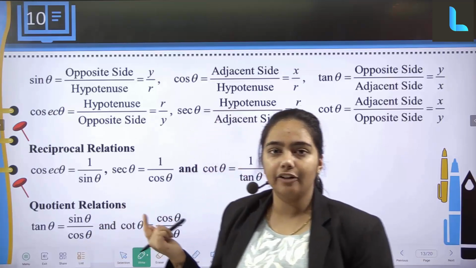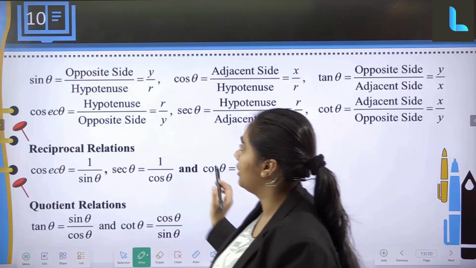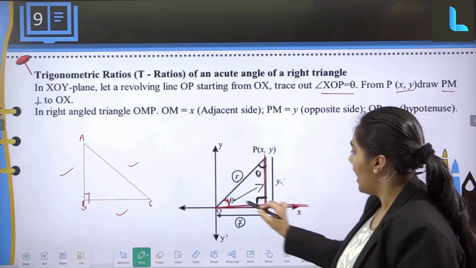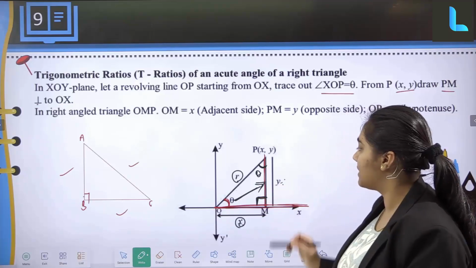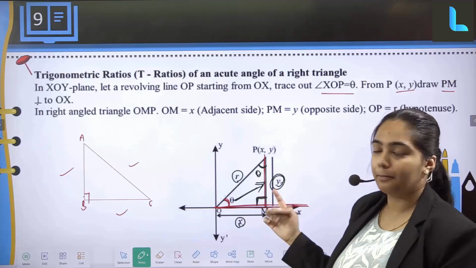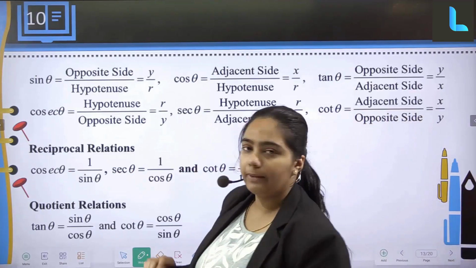So what is the sine theta formula? The formula is going to be opposite side divided by hypotenuse. Over here, as I said, this is going to be your opposite side, so you have y divided by hypotenuse, which is r. So y divided by r is what you will be getting.